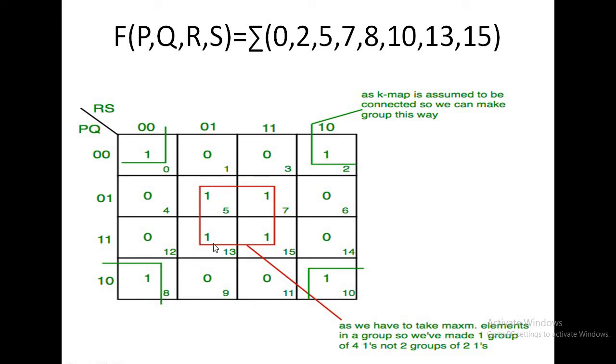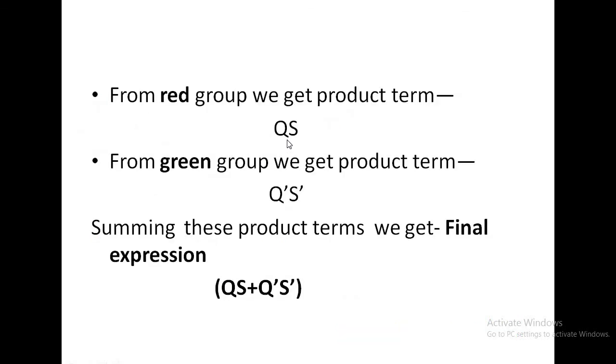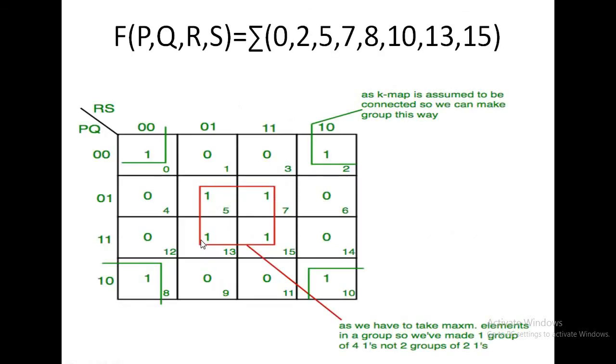From these 4 ones, see the row. Which one is common? 1 is common. Here 1, here 1. 0 is changed to 1, so this is not taken. 1 is common, so 1 means Q. And from these 4 ones, here also 1 is common. So S. So what is the expression? QS from the red group.